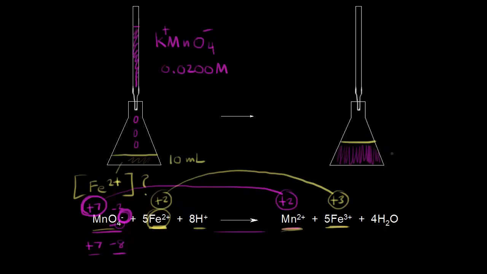This indicates the end point of the titration. The reason this is the end point is because our products are colorless. So if we get some purple color, that must mean we have a tiny excess of unreacted permanganate ions in our solution. And that means we've completely reacted all of the iron 2+ that we originally had present. So we stop our titration at this point. We've reached the end point.